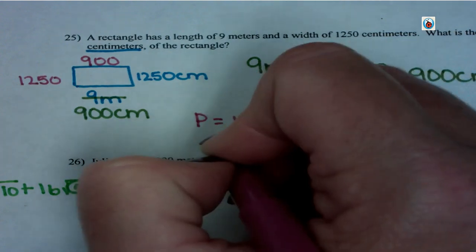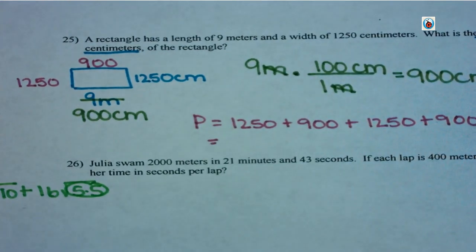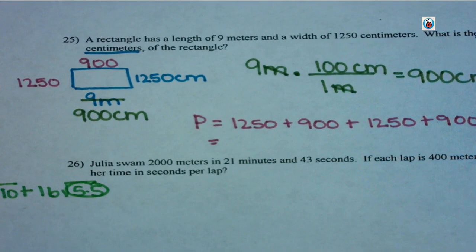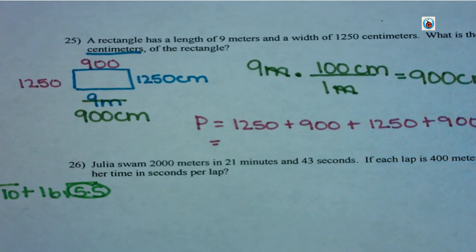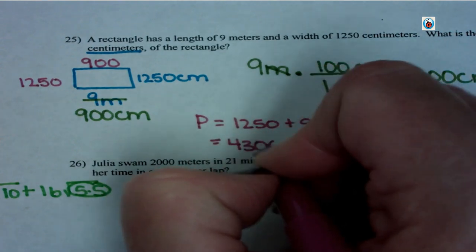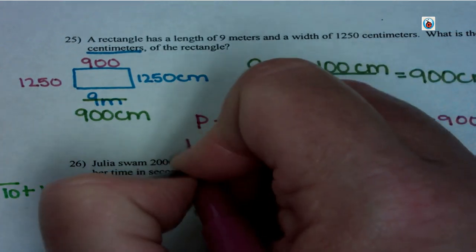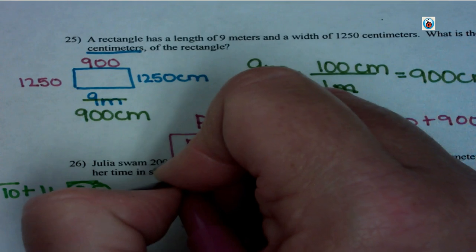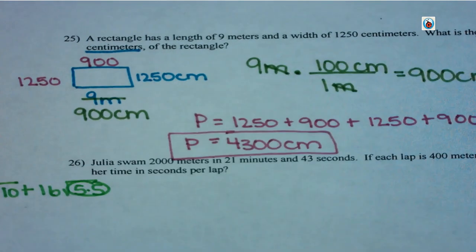And you can put all that in your calculator. And I get 4,300 centimeters. So my perimeter is 4,300 centimeters.